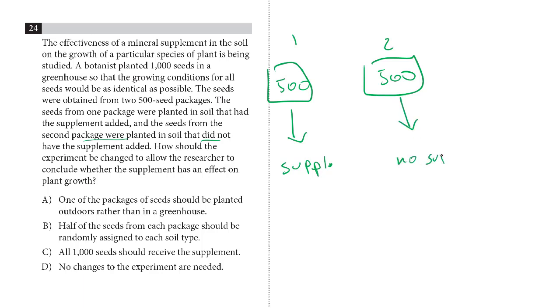Okay, so we're trying to study the effect of the supplement, but the problem is I could find a difference between these two, and that difference could be the result of the difference between packages 1 and 2, if they're somehow processed or packaged differently, rather than the supplement itself.